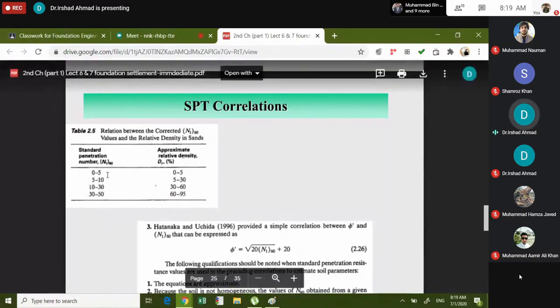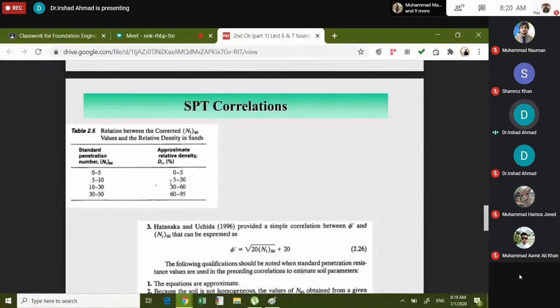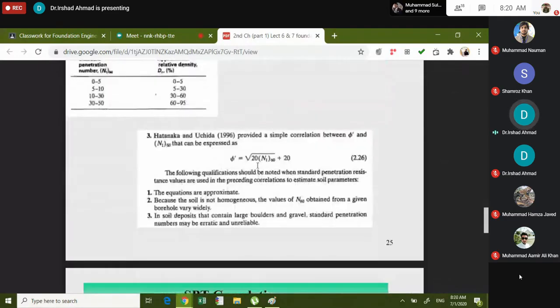If these are the SPT counts, these are the relevant relative densities of sand. You can also find friction angle. This is one of the many equations that I have mentioned here. Again, N160 means the SPT count has been corrected for overburden pressure. Square root of N160 into 20 plus 20, you can get friction angle of the sand.